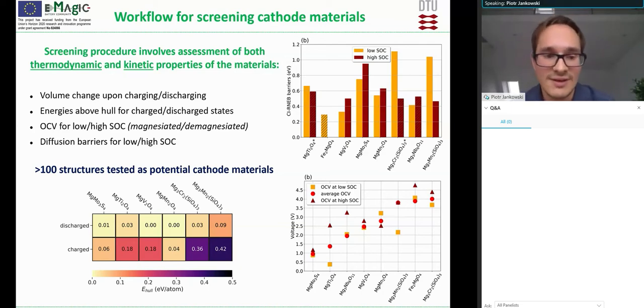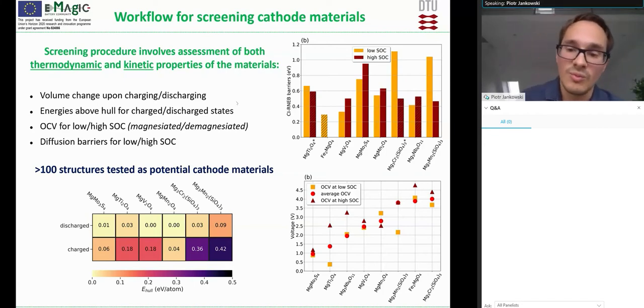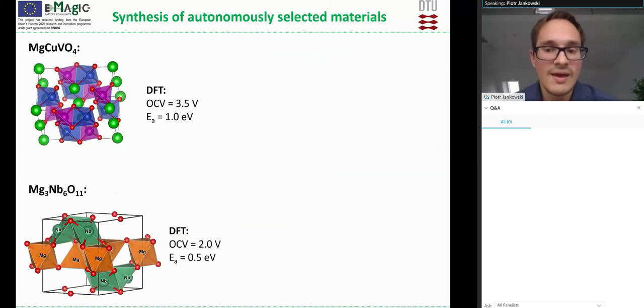So we already did the screening of over 100 structures from the ICSD database. And based on that, we are able to indicate some new materials that can be promising. And our studies indicated these 2 materials with quite good properties, with high potential.